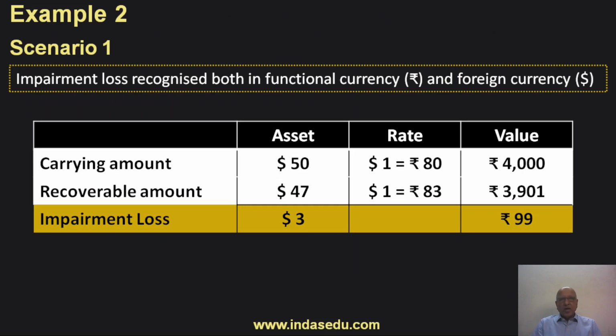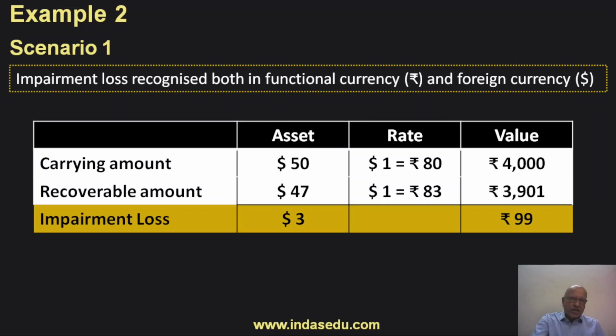Scenario 1, impairment loss recognized both in functional currency, that is rupee, and foreign currency, that is dollar. Carrying amount is $50 when the rate is $1 = 80. So value in functional currency is 4,000 rupees. And the recoverable amount is $47. Rate was $1 = 83 rupees. So value is 3,901. So in functional currency and foreign currency, carrying amount is more than the recoverable amount.